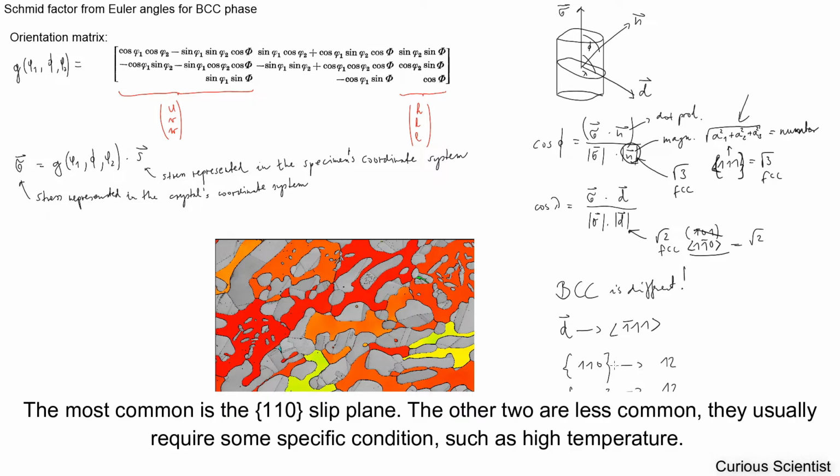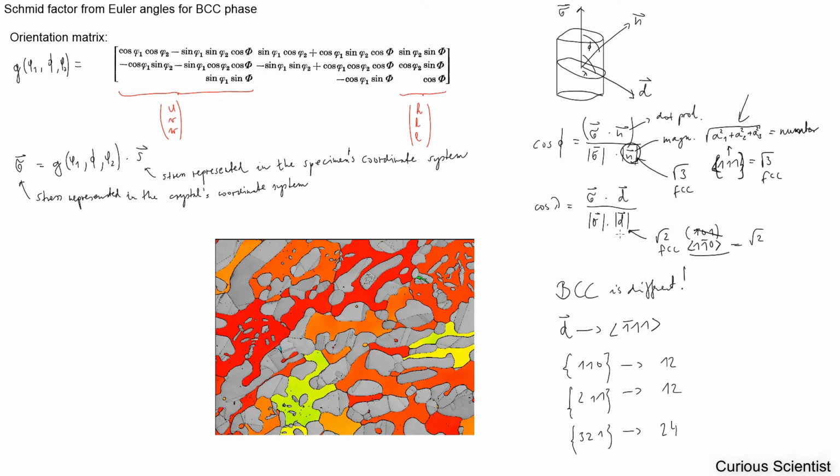But what we wanted to see is that in BCC the direction becomes square root of 3, and then the normal has three different cases, and you have to be very careful about that all the time.